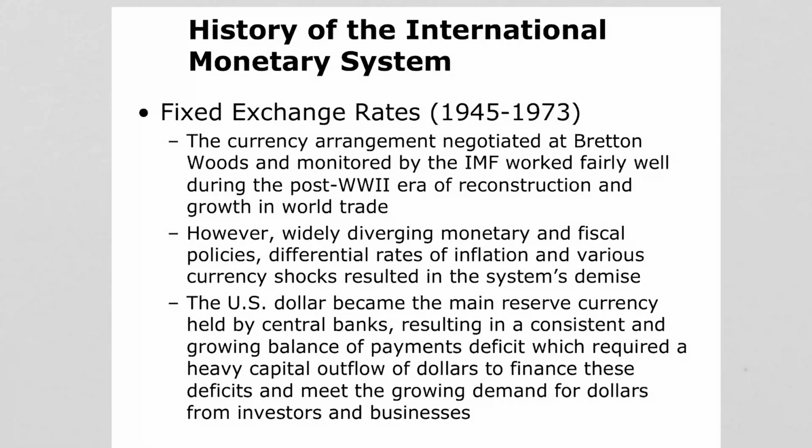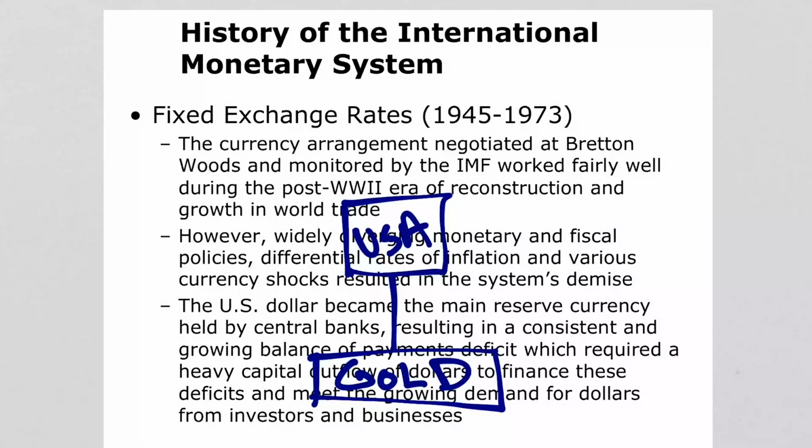So after Bretton Woods, a system of fixed exchange rates went into play. And effectively, it was like it was before, but with one key difference. The US dollar was linked to the price of gold, fixed. But then the other currencies were fixed to the US dollar.